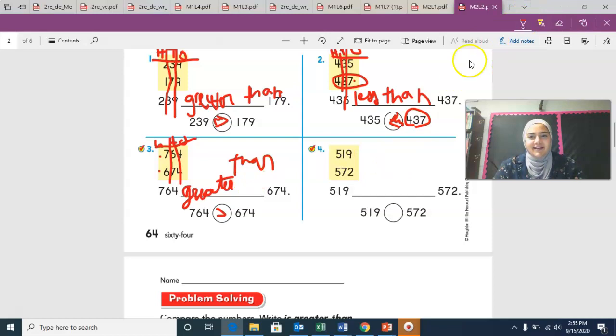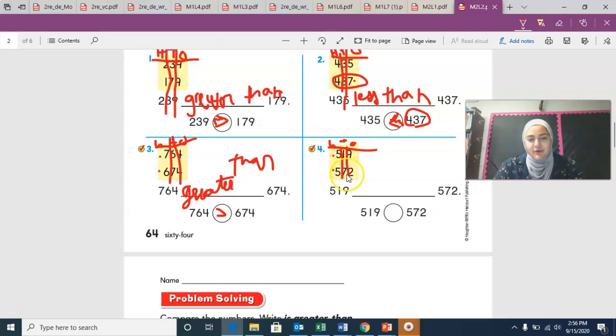Okay. Now I want you to do this one on your own, or actually let's do it together because I want to point something out. Looking at this ones, tens, hundreds place, we always look at the hundreds place first because that's the greatest place value, right? So 5 and 5 in the hundreds place is the same. What do we do when they're the same? We look at the next greatest value, which is the tens.